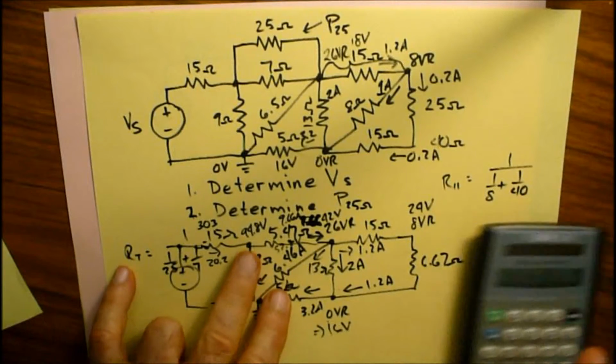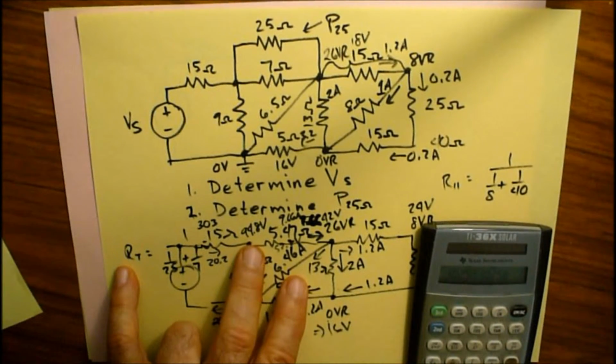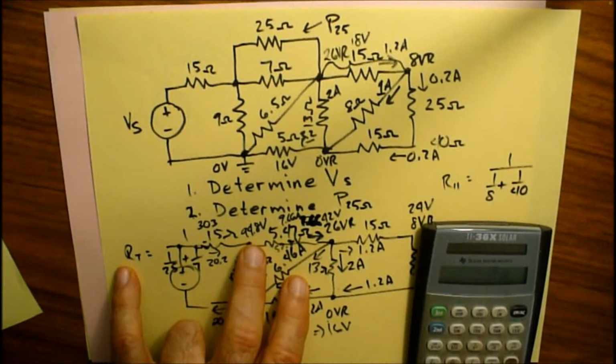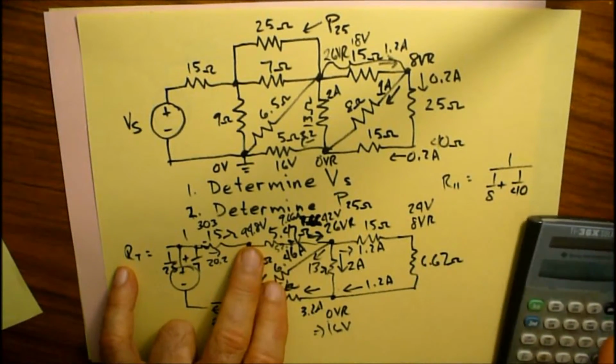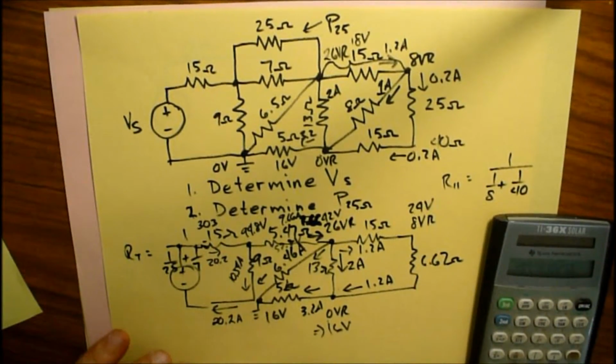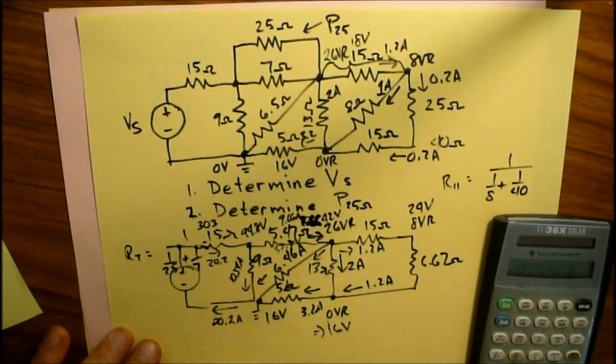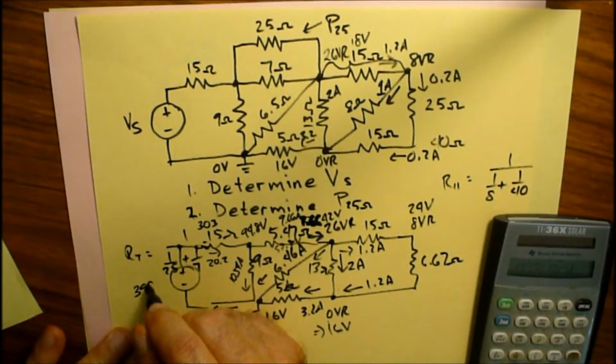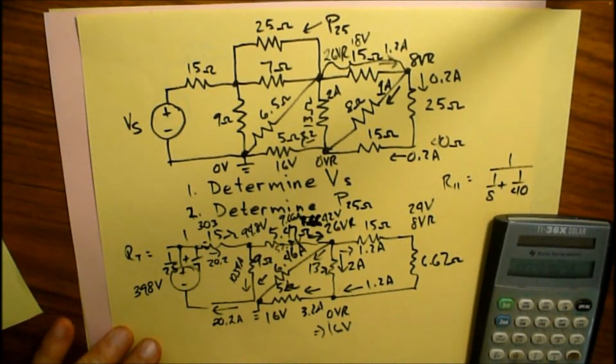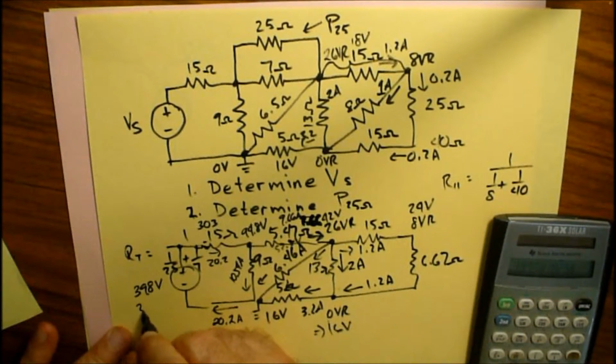So I add 303 plus 94.8. That says that my power supply is basically 398 volts, or 397.8.